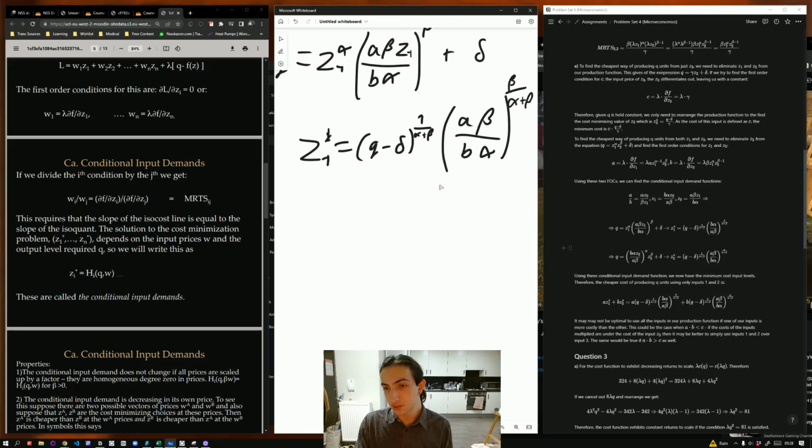Okay, the conditional input demand function, this value is going to be our cost minimizing production. So if this is cost minimizing production, then we only need to times this by the cost, and we're done.